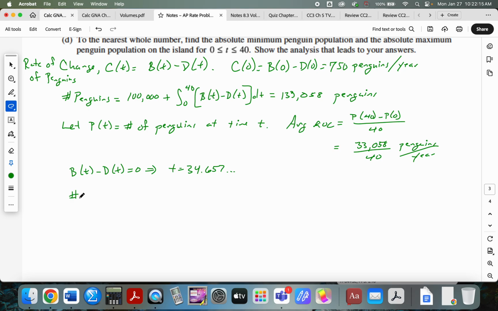So if we're doing this by the candidates test, we need to find the number of penguins at t equal to 34.657, yada, yada, yada.